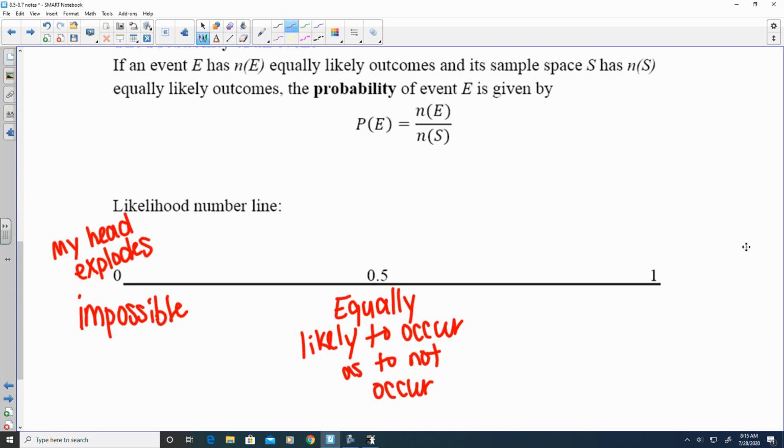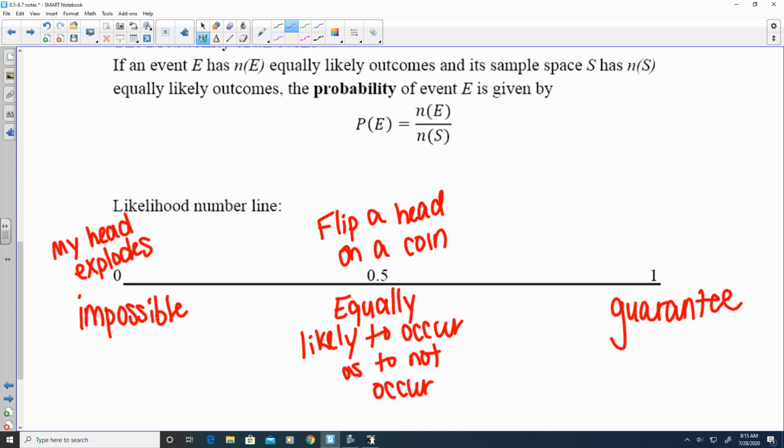So coins are always what I think about when it's 50-50. Moving our way right to 1, that is something that is guaranteed to happen. You could think of a whole bunch of different options. I'm just going to say that something I guarantee is that the sun is going to set tonight.